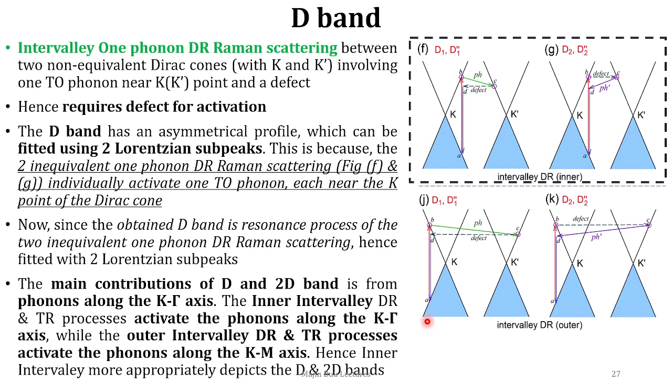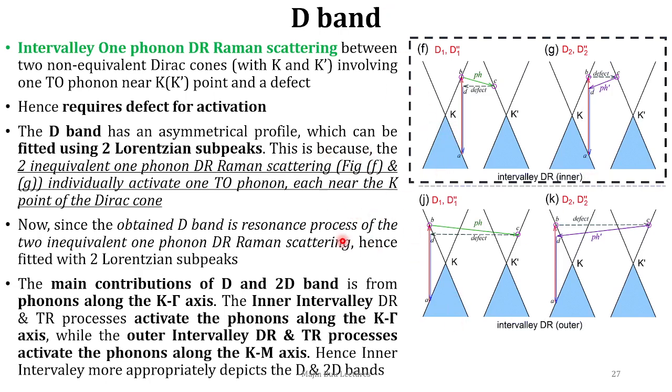However, studies indicate that the main contributions from the K gamma axis are the ones that take part in the origin of the D or the 2D bands, and hence the D band can be attributed to the intervalley inner double resonance process.